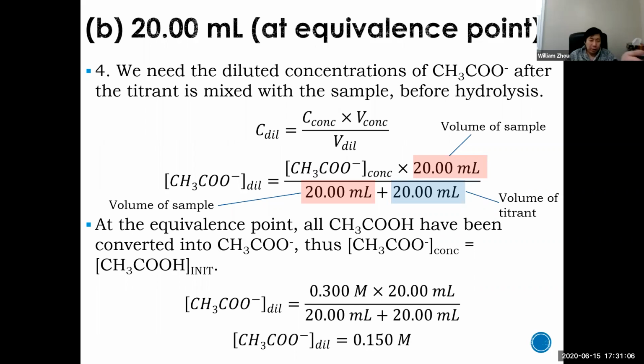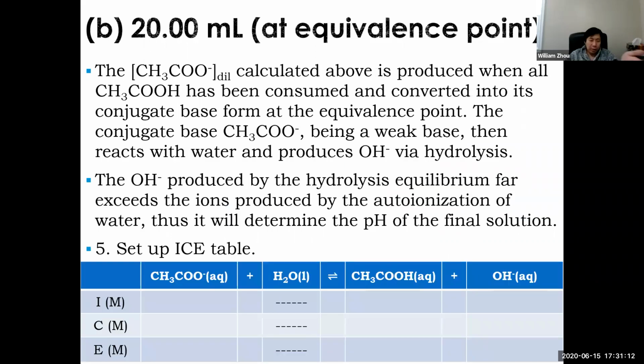Okay, once you get this number, this is the diluted concentration before hydrolysis. So technically, this is the initial concentration for this ice table. You can finally calculate the ice table. Okay, the first row, initial concentration of the base, 0.150. We calculated this just now.